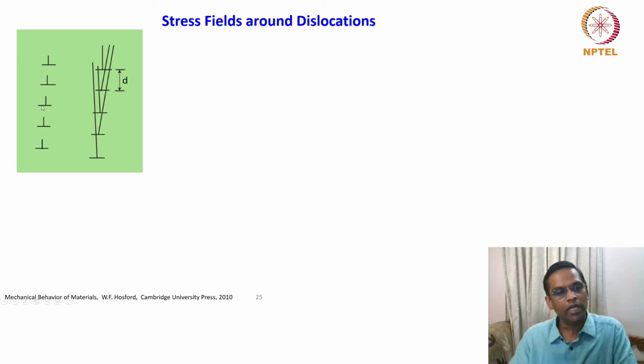When the dislocations are lined up like this, what can happen? The forces of compression and tension try to align together. That is why this kind of alignment is possible, which is also called a low angle boundary.